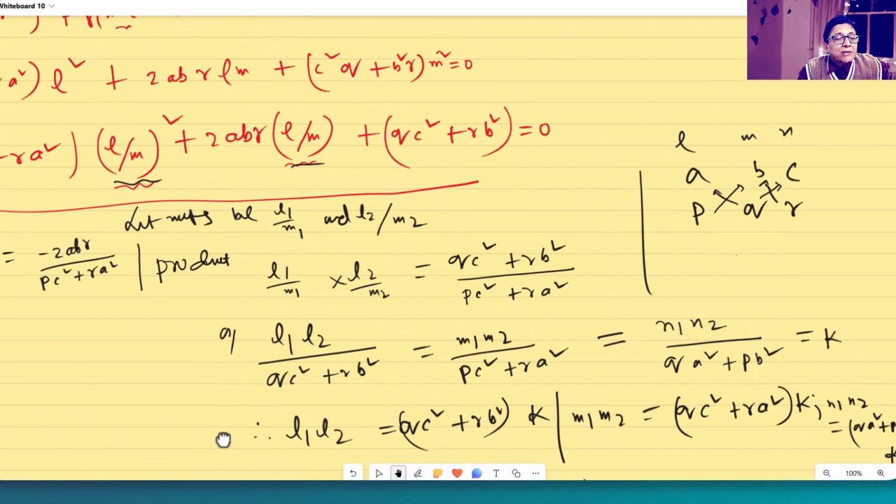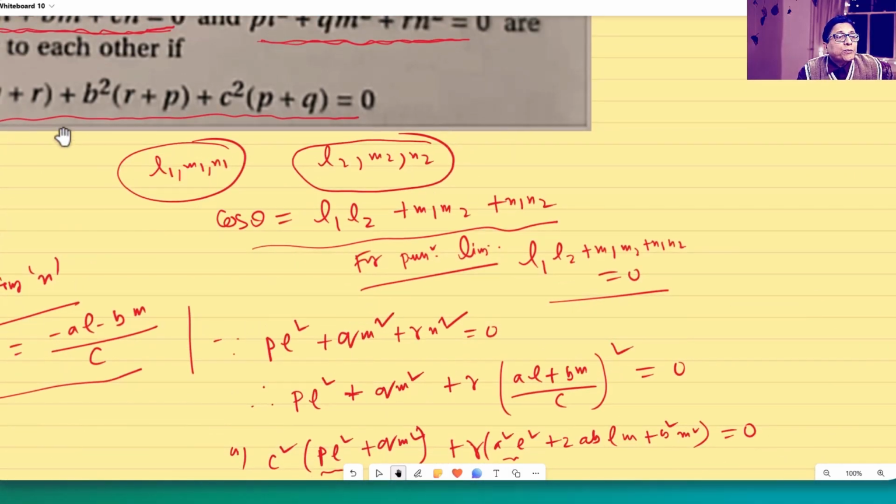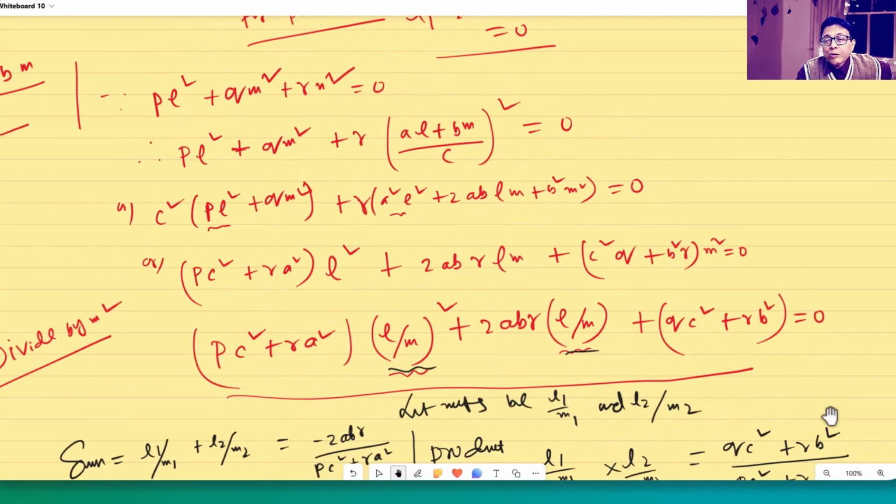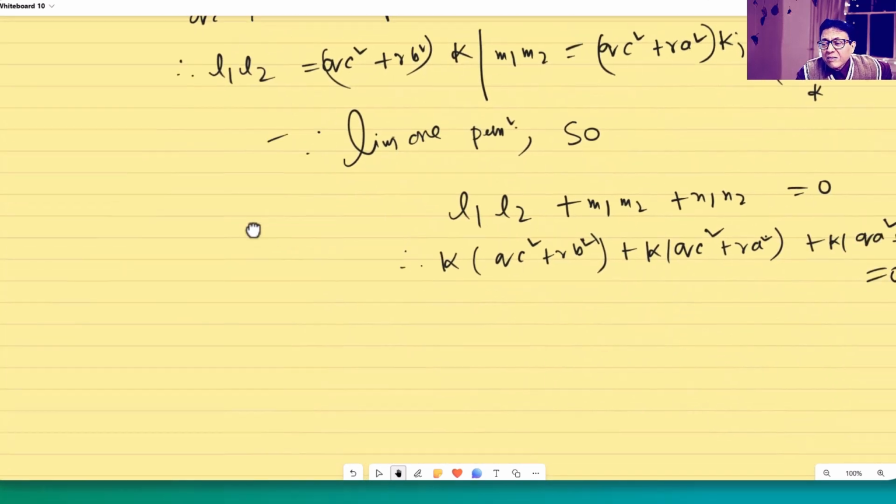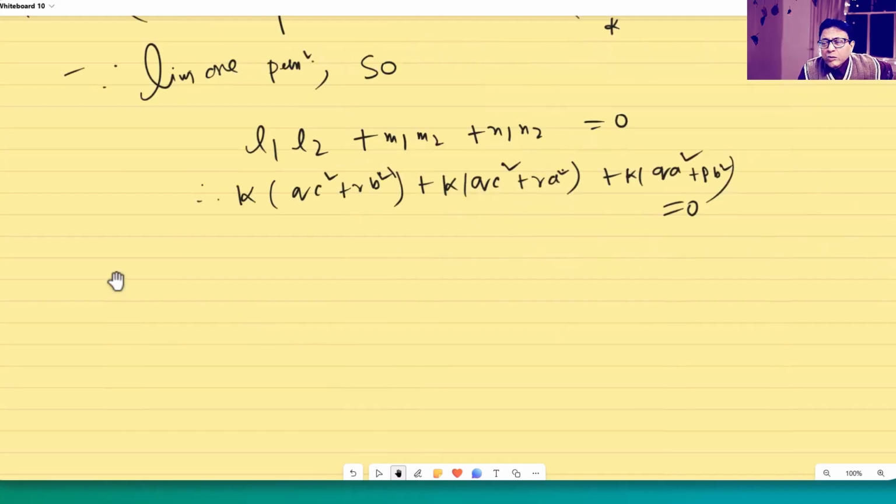You are supposed to prove A square (Q plus R), B square (R plus P), C square (P plus Q).